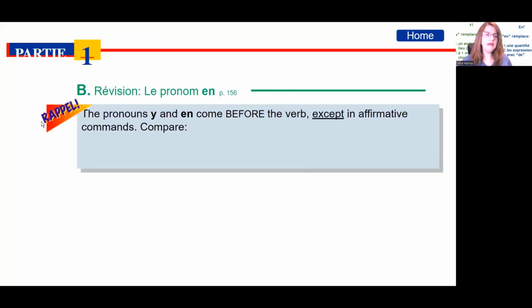Maintenant, dans cette diapositive, on va faire une petite révision. Les pronoms y et en come before the verb, n'est-ce pas? Before the verb, except in the affirmative commands. Do you remember the affirmative commands? Compare the interrogative sentence. Tu vas à la papeterie. We can replace à la papeterie with y, and we have tu y vas in a question form.